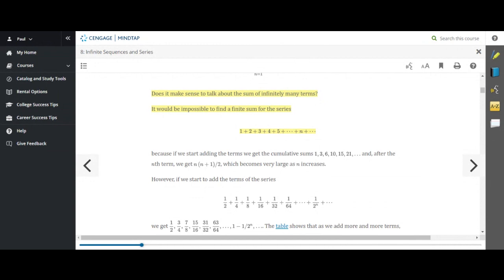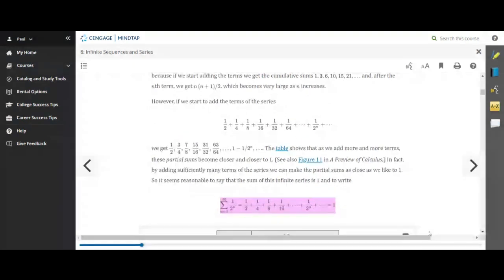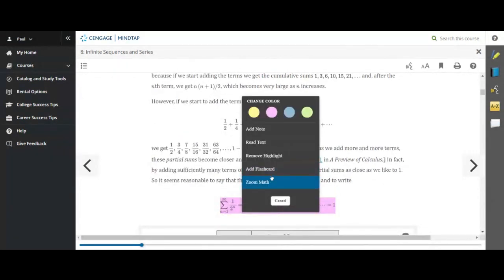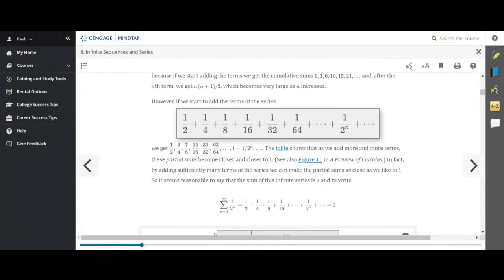Some people think that if you add an infinite number of numbers, the series is going to go to infinity, but that's not the case. Let's take a series like this: a half plus a fourth plus an eighth plus a 16th plus 1 over 32, and so on.